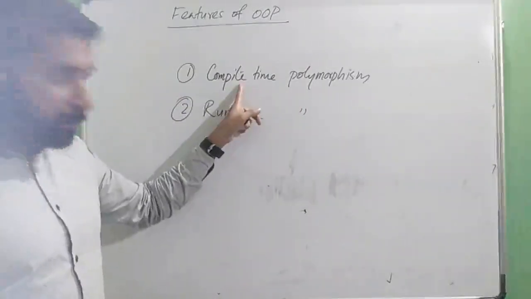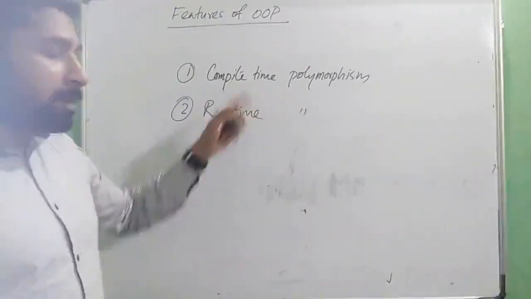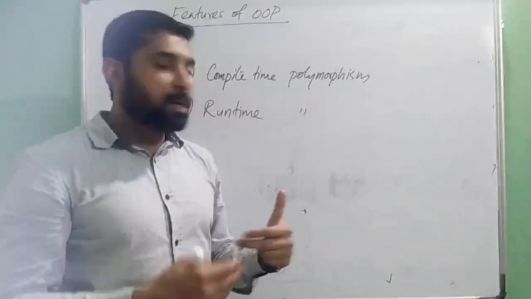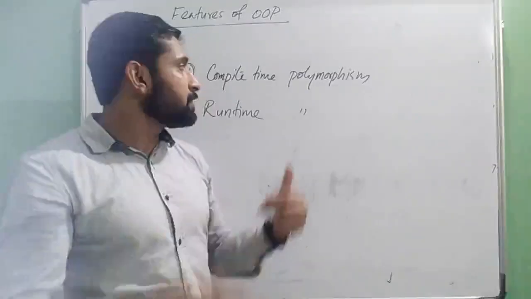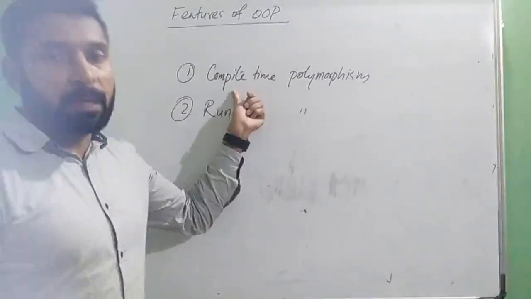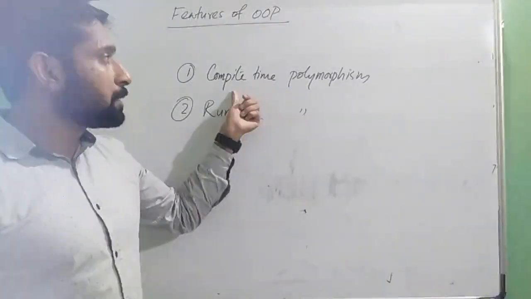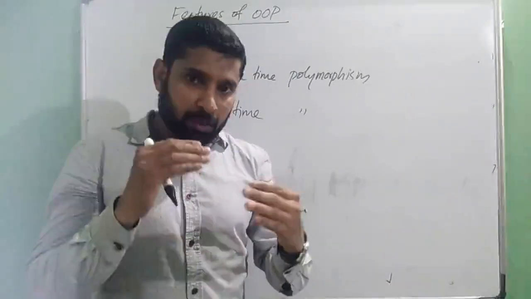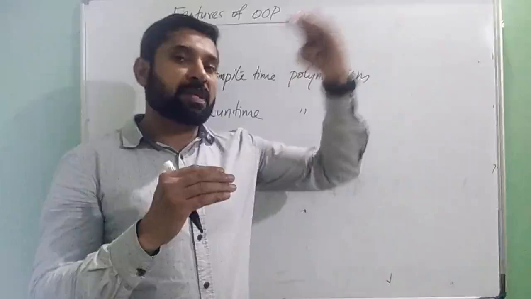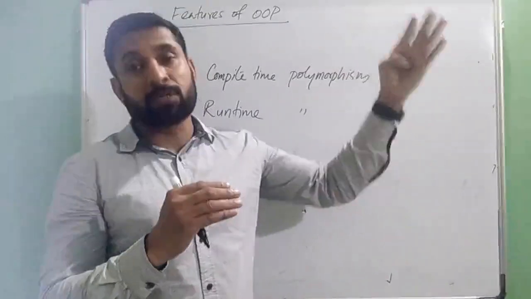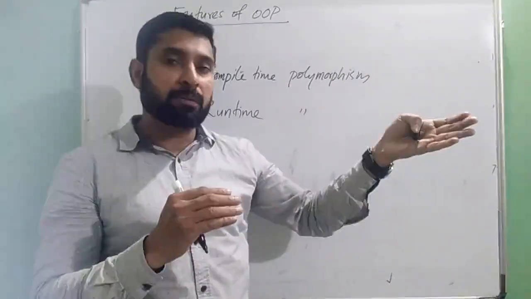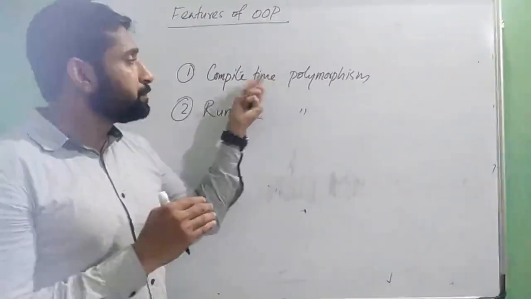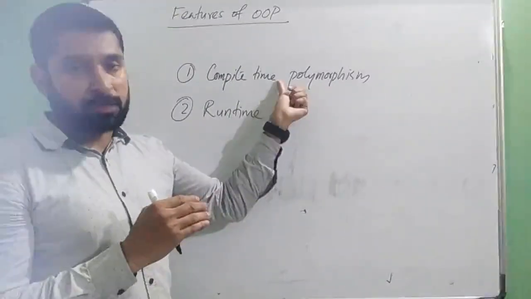Compile time polymorphism means, suppose we are making a function call and there are multiple definitions for a function, and depending upon the call, which function definition is to be executed is determined at compilation time. It is called compile time polymorphism.